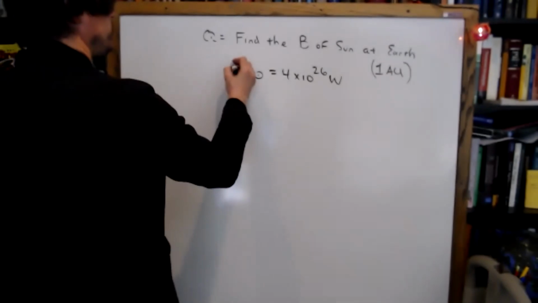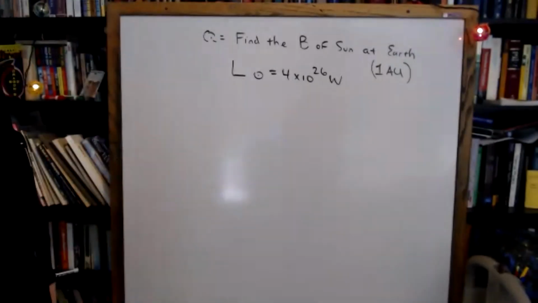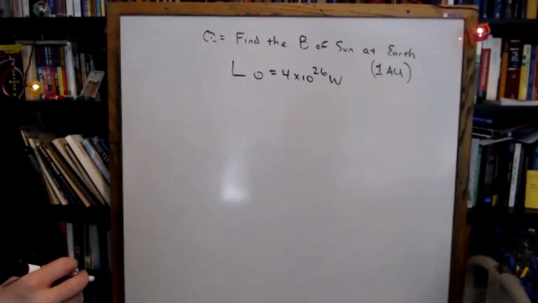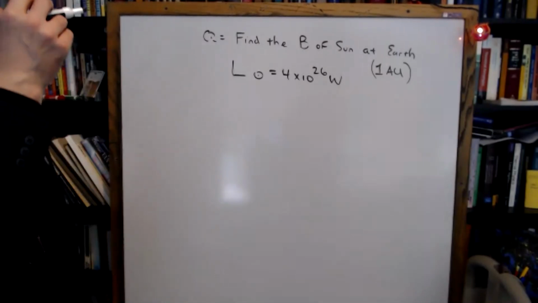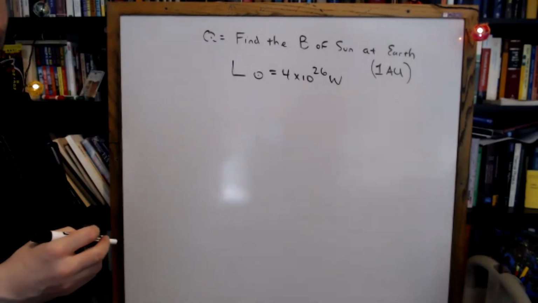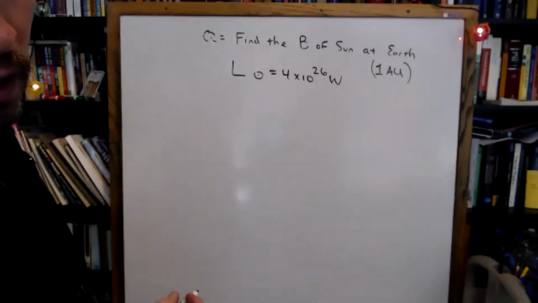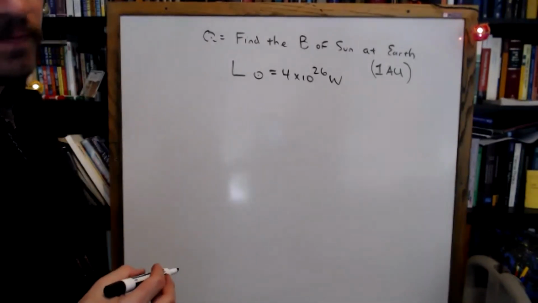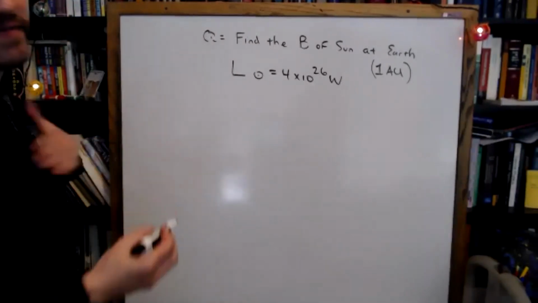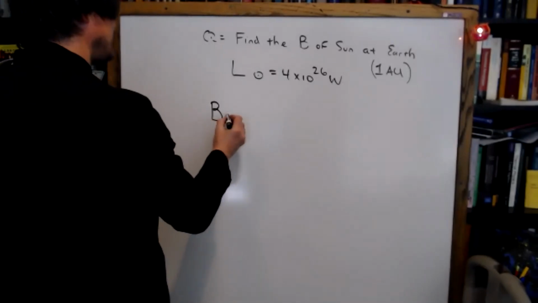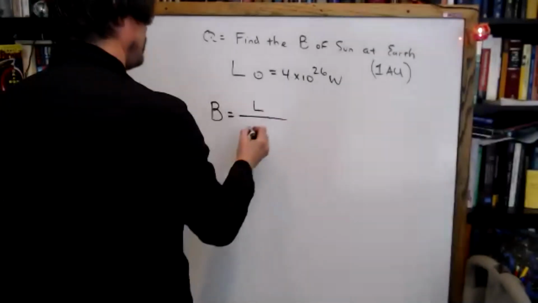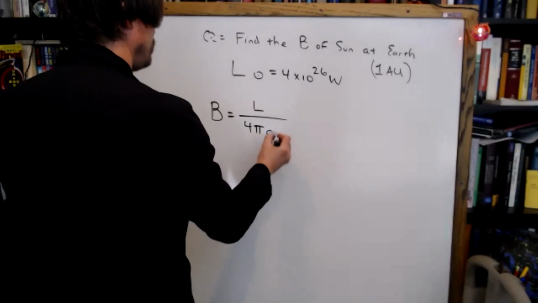Version 1 or version 2? Would it be version 2? Yeah, because we want to think of ourselves as being some distance away from the sun. In reality, it doesn't really matter as long as you put the right things in, but I like to think of it as version 2.